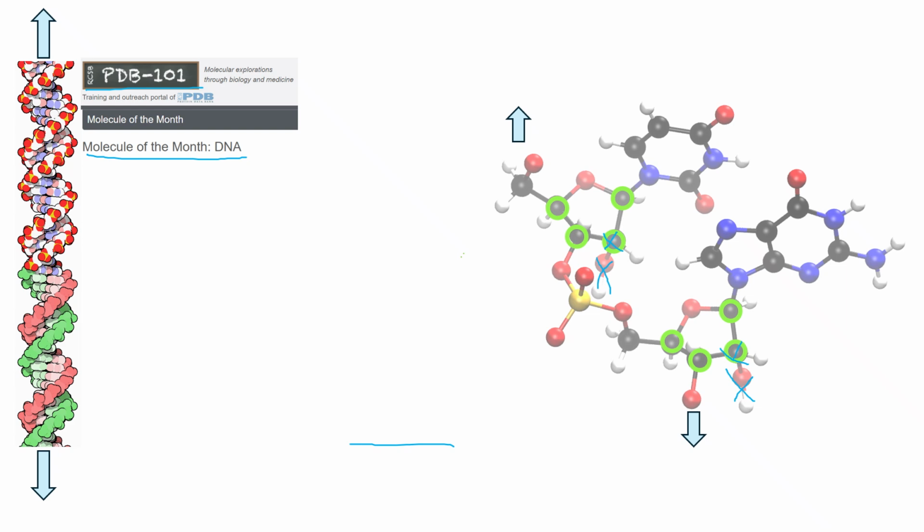In this representation, they have at the bottom one of the strands in red and the other one in green. The top representation is atom coloring, similar to the coloring in the right representation of DNA.